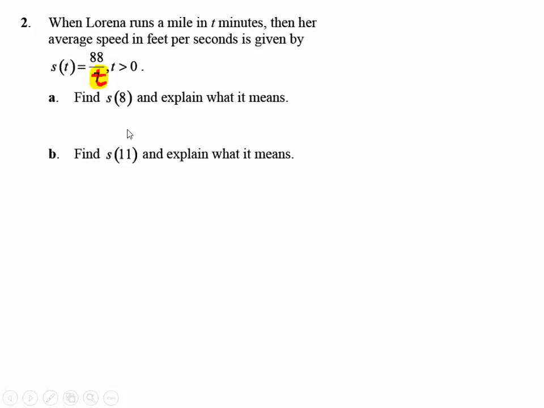Get an answer for 8, and then the tough part. Can you explain in one sentence what that means? What do the numbers mean? All right, I'll do it with you. Plug in an 8 for the T value, so it's 88 over 8, which gives us an answer of 11. But in terms of the variable and the formula and what all that means, here's what I got.